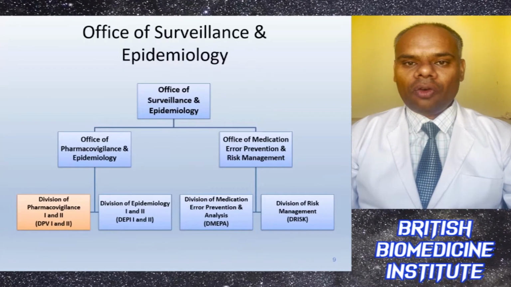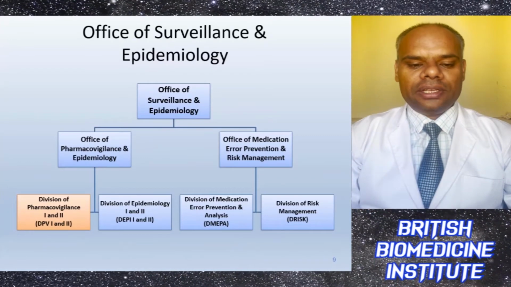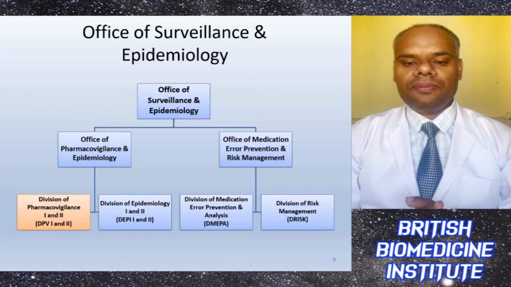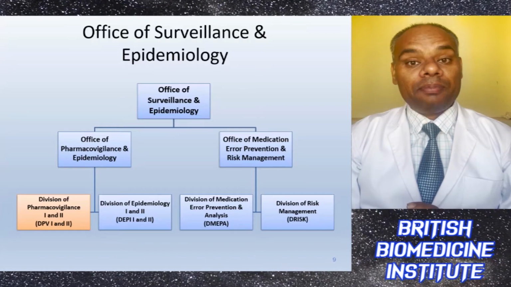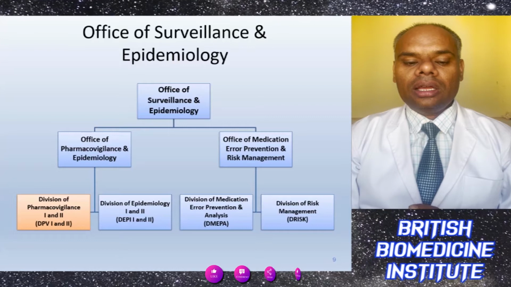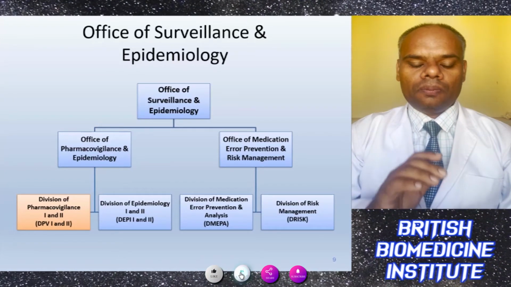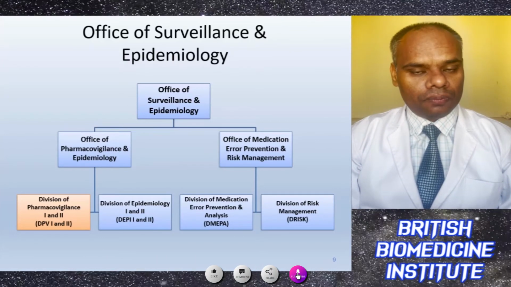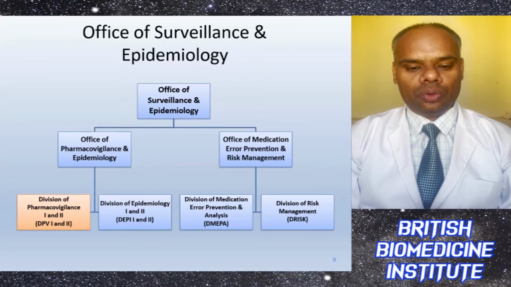Under the Office of Surveillance and Epidemiology, there are two main offices: the Office of Pharmacovigilance and Epidemiology, and the Office of Medication Error Prevention and Risk Management. The Office of Pharmacovigilance and Epidemiology is divided into two divisions, the Division of Pharmacovigilance 1 and 2, also known as DPV1 or 2.